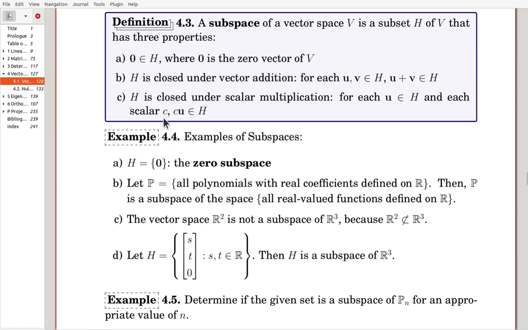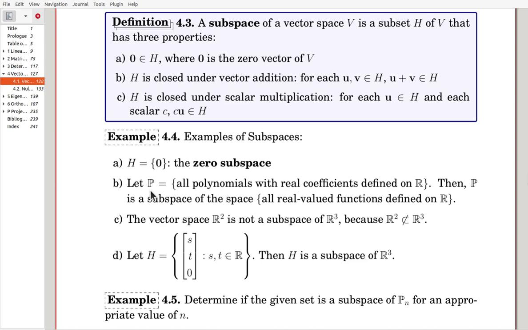And for any scalar, if you multiply it by 0, then again it's 0. So it is closed under addition and scalar multiplication, and includes 0. So it is a subspace. It has only 0, so we call it the zero subspace.